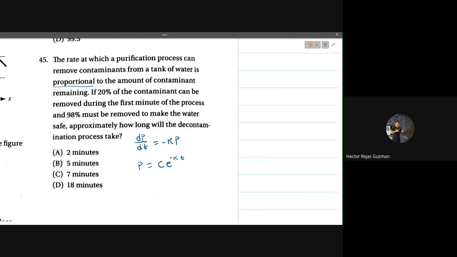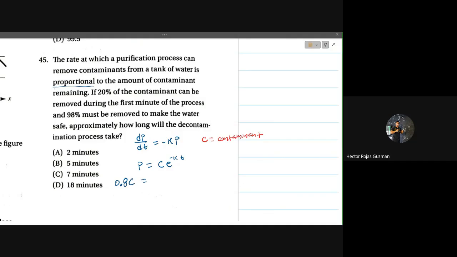Okay. So C is going to be the contaminant. The initial contaminant. We have 100%. We don't know how much we have, but we know the percentage. It's 100. If 20% of the contaminant can be removed during the first minute, that means that we have 80% left.